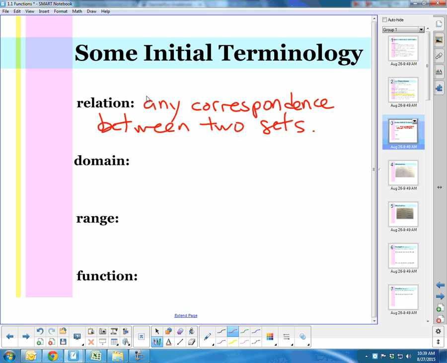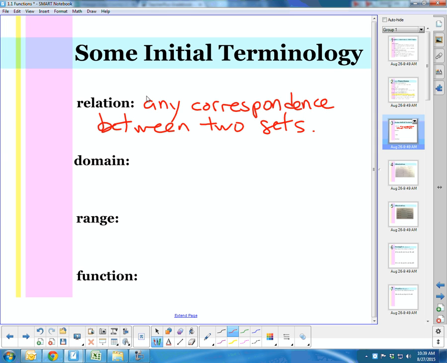And we will illustrate that in a moment. But one example is that you have a name and a phone number at which you can be contacted at. And those two things, those two values, those two items, their two sets are linked. Your name is linked to a phone number that you can be contacted at. Any sort of connection between two sets is what a relation is.